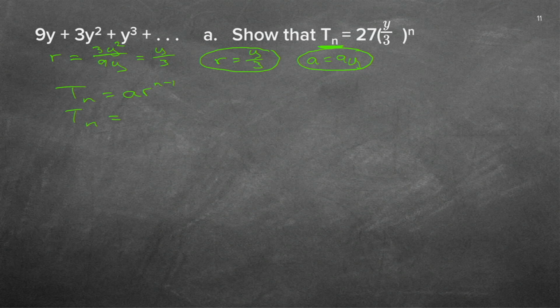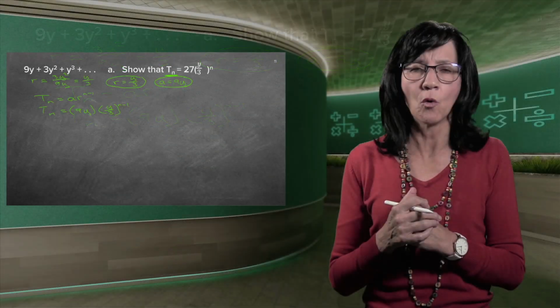The A was 9y. The R was y over 3 to the power of n minus 1. There I found my Tn. But does it look like these? Actually not. It doesn't look like these. So I need to do something to change it to look a little bit more like these.